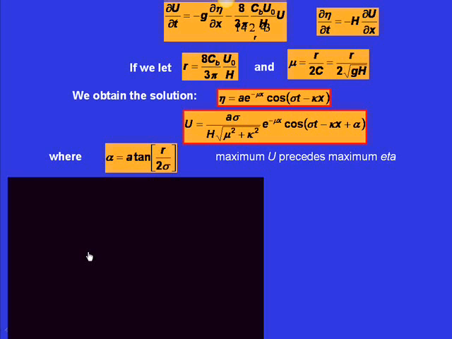I don't know if you see it on the screen there. There it is. You can see the amplitude decreasing from a value of 3 at the surface, at the mouth, to a value of, what is it, 0.5? Is it 0.5? Mm-hmm.